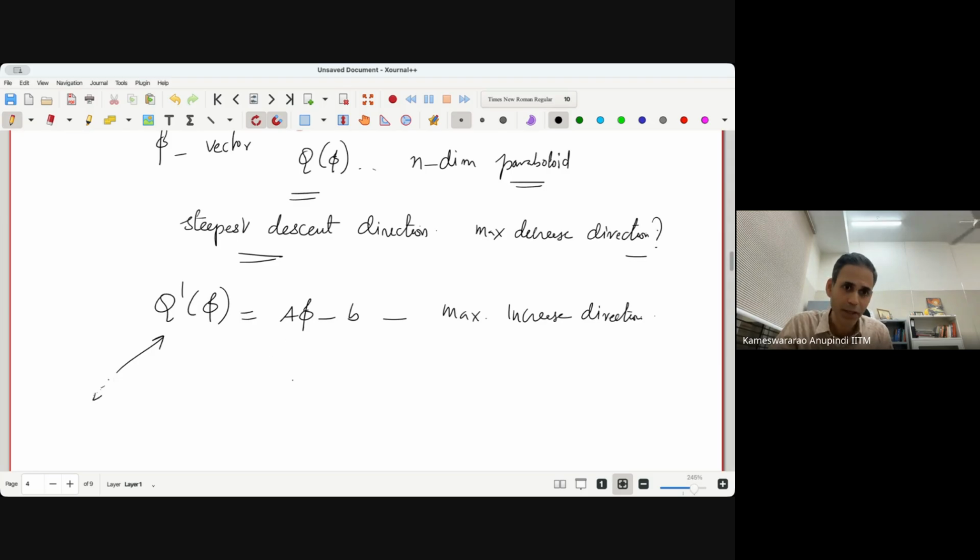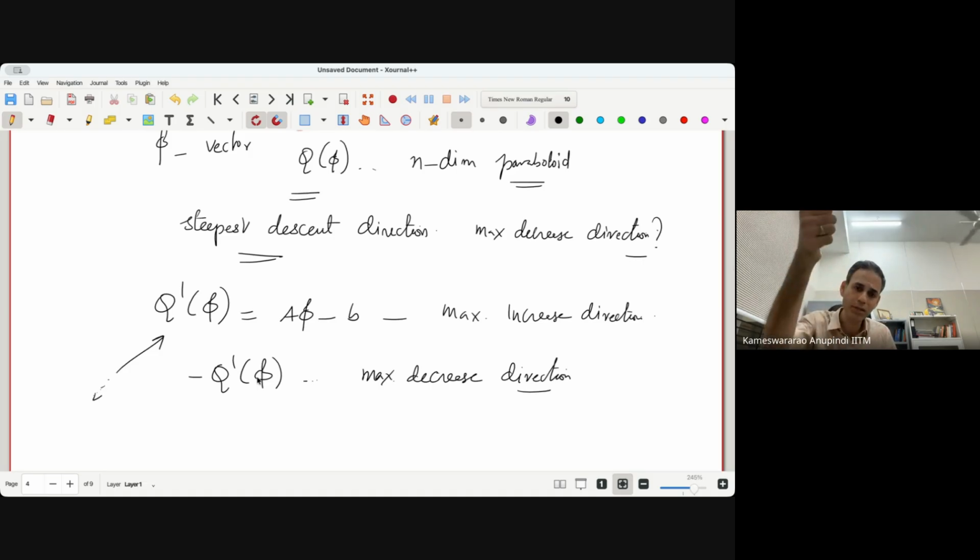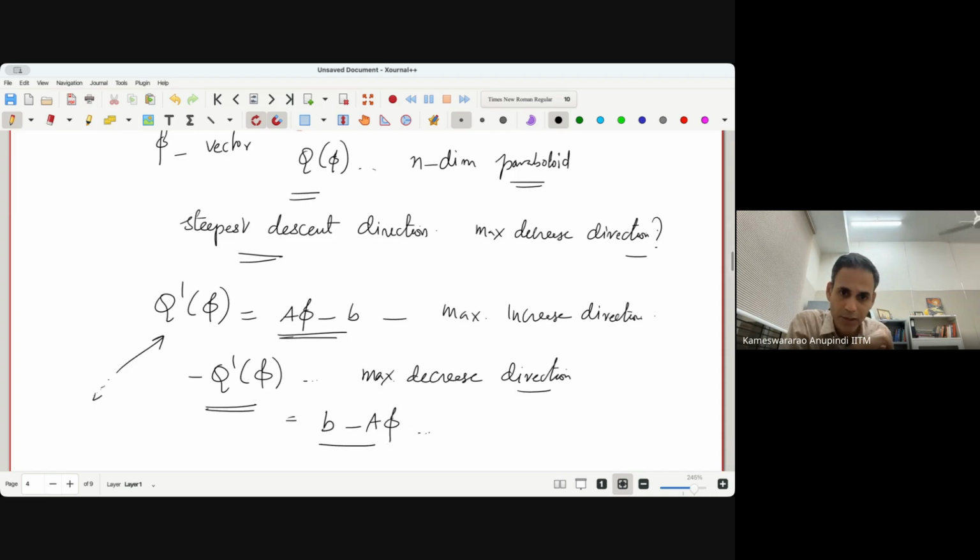That means minus q prime of phi would be the maximum decrease direction. It should be opposite to the way it is increasing. So minus q prime of phi, which equals minus of this quantity, that is b minus A phi, would be the direction in which we want to go.